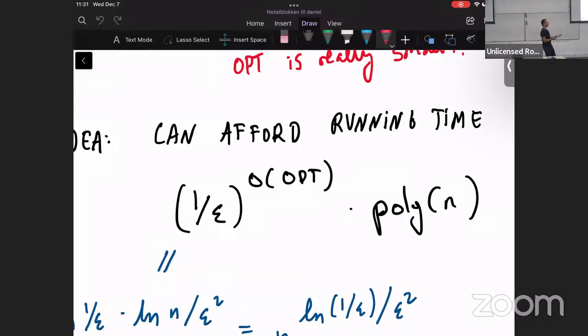In fact, since we can afford time n to the 1 over epsilon, we can even afford running times of the form 1 over epsilon to the order opt. Because that's 2 to the power log 1 over epsilon times log opt. You pull log opt out, you order opt, which is log n, you pull log n out, and you get n to the log 1 over epsilon up top.